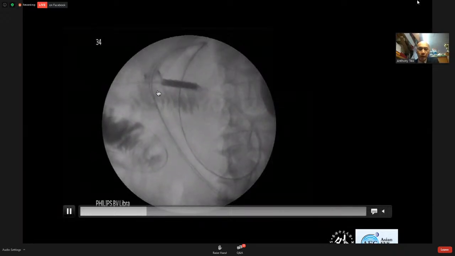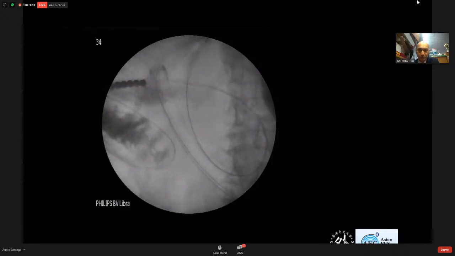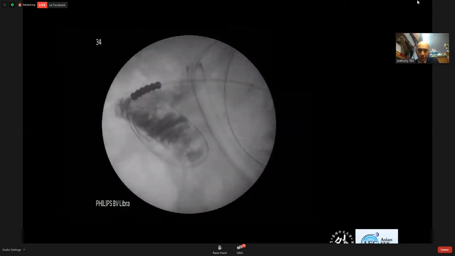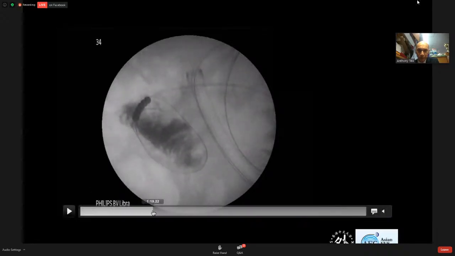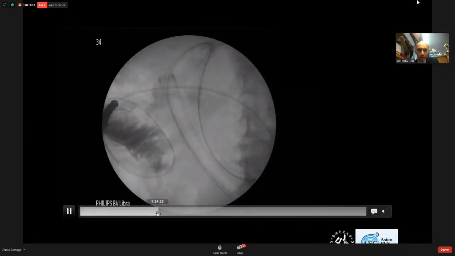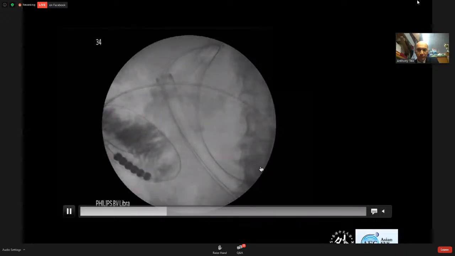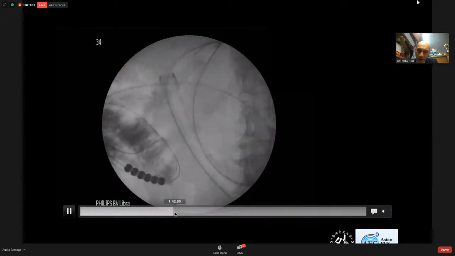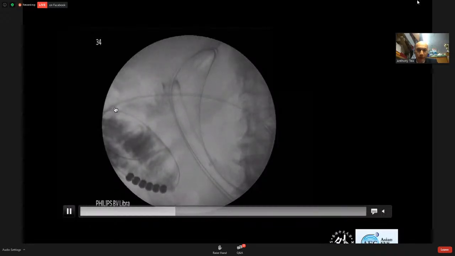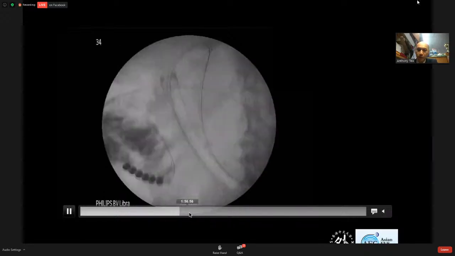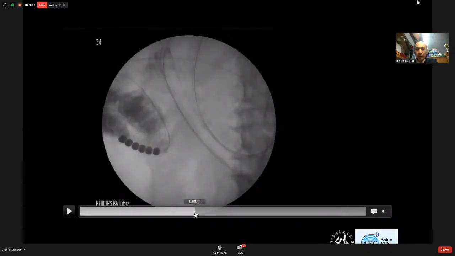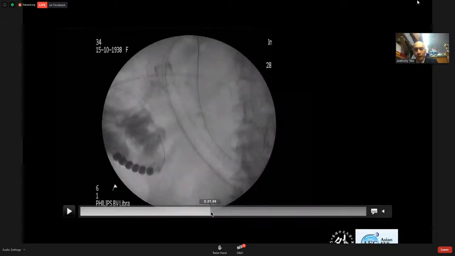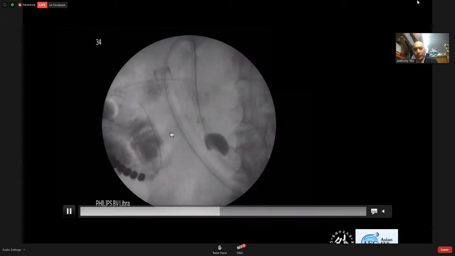So the two balloons would be inflated, and then a segment of bowel in between the two balloons could be distended and filled with water. So one balloon here and the other balloon here. The tumor is around here.